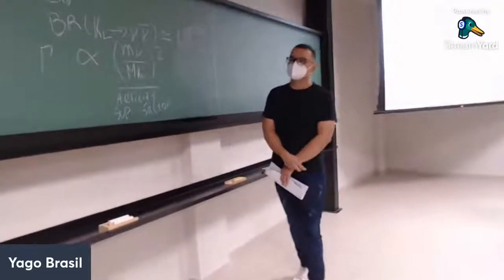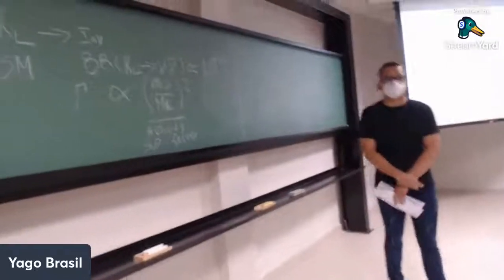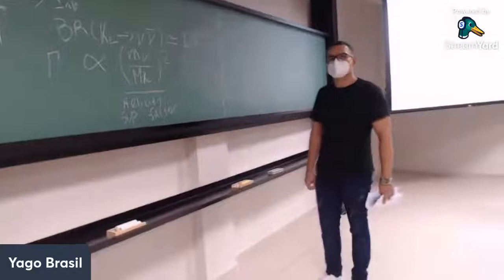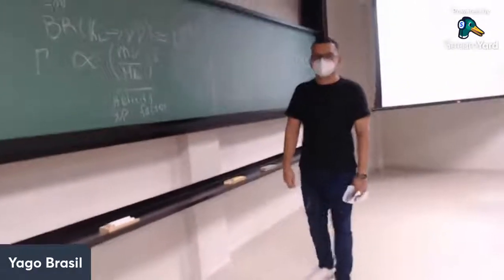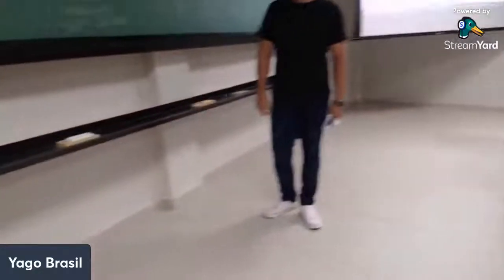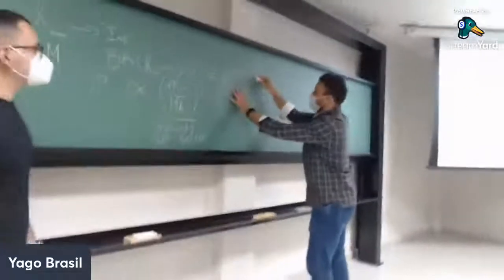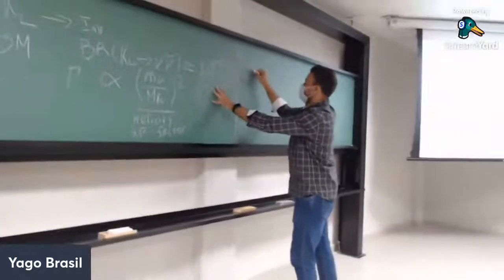So if Yago is there, its presence has to be within the error bar. Can you repeat this part, please? Yes. Hold on, just a second. So let's say this is 10 to minus 10 plus or minus 10 to minus 11.